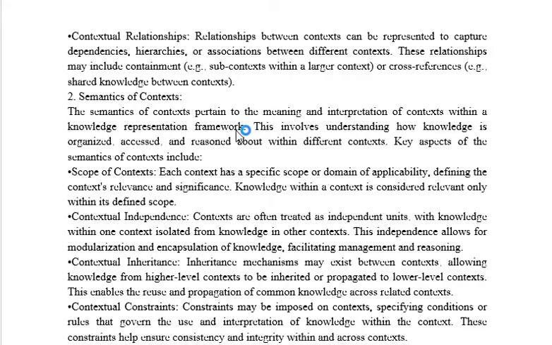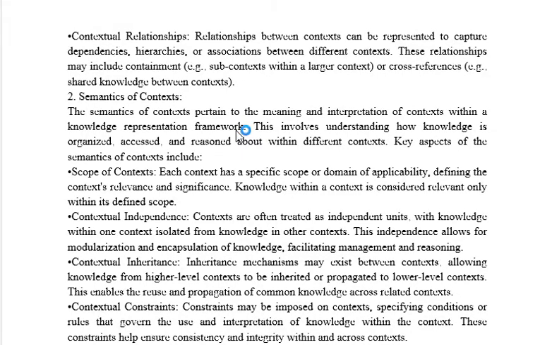What is the relevant data? What is the main objective of the context? That all comes under the scope. Knowledge within a context is considered relevant only within the defined scope. Means we have to take only the relevant and significant data. That is known as the scope of context, means only the relevant data.